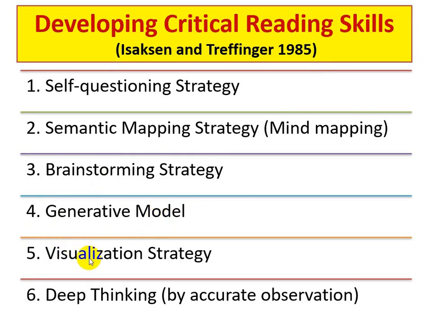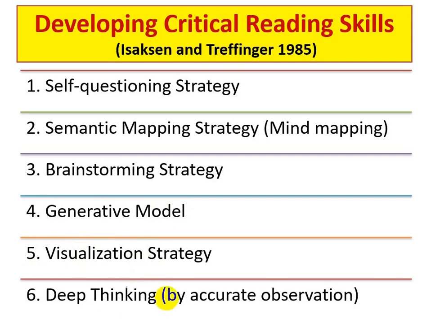Number 5 is called the visualization strategy, to make the ideas, whether they are secondary or main ideas in the text, be visualized inside your brain.